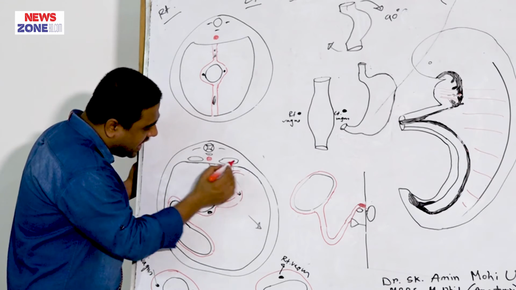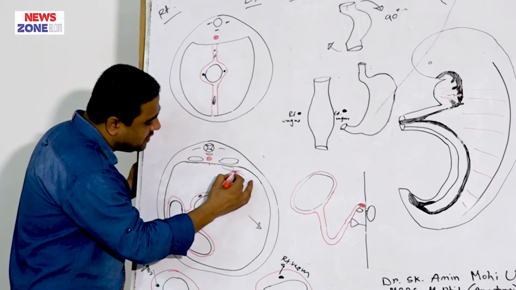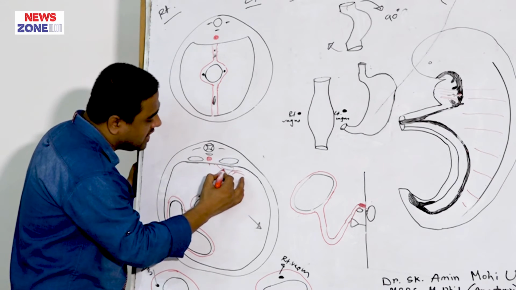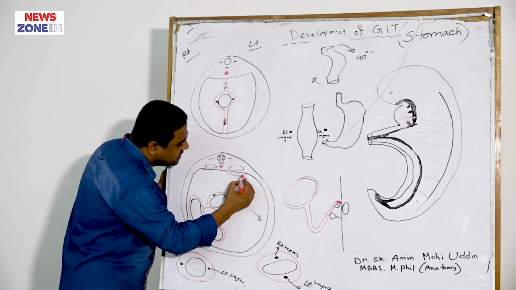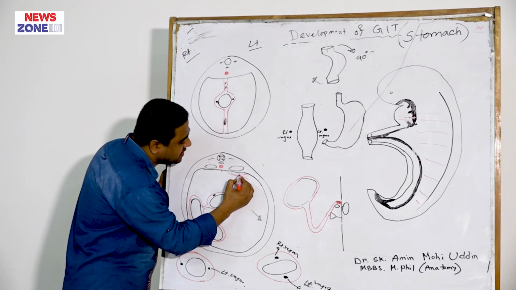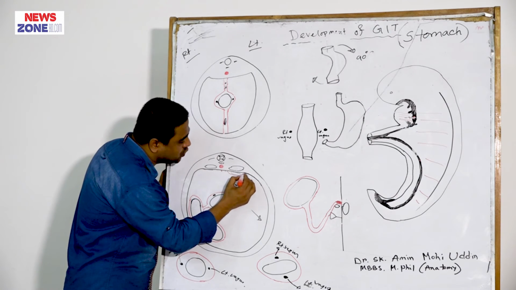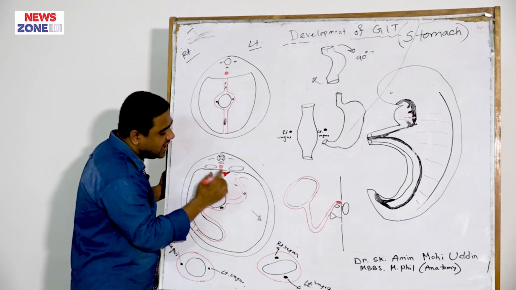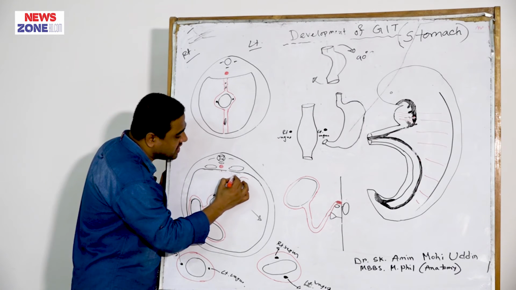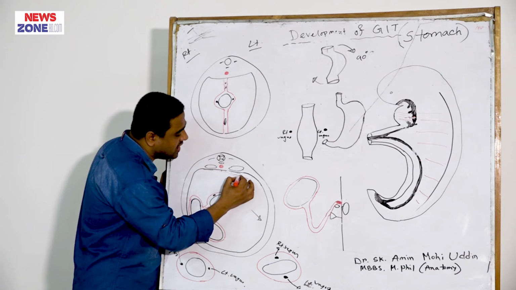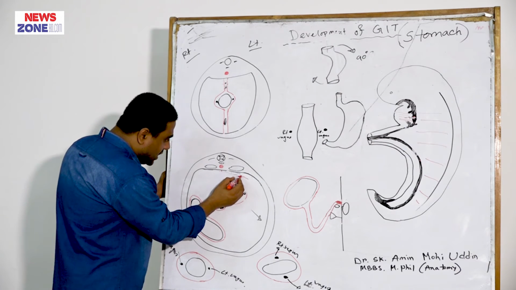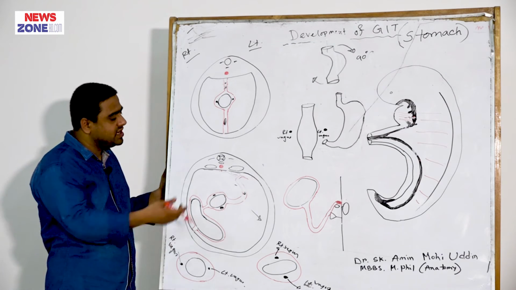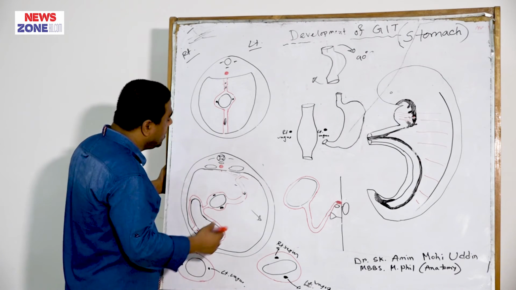The posterior leaf of the dorsal mesogastrium and the dorsal peritoneum, that is the parietal peritoneum, fuse together and they degenerate. And now the pancreas, only the tail of the pancreas, is covered by the peritoneum, and this tail of the pancreas now lies in its retroperitoneal position, and it is a secondarily retroperitoneal organ.